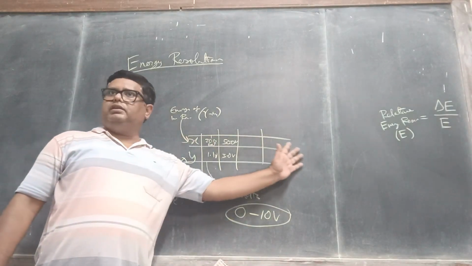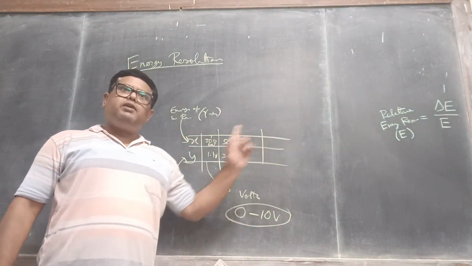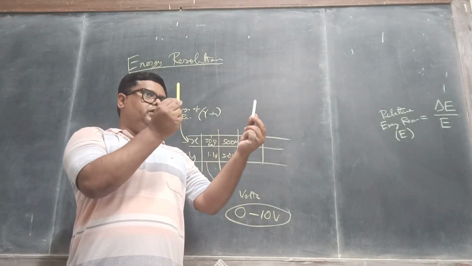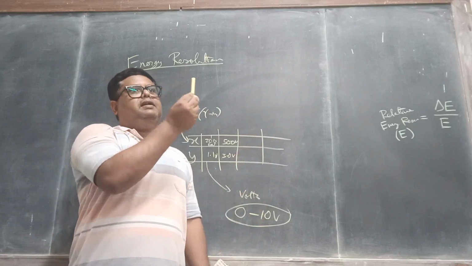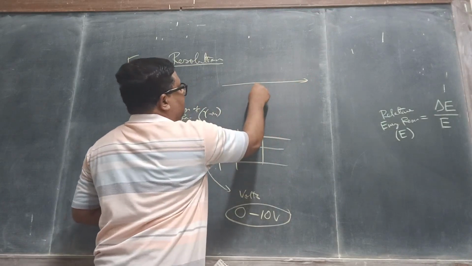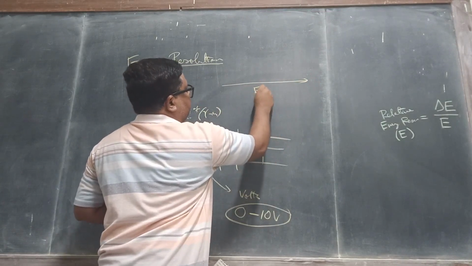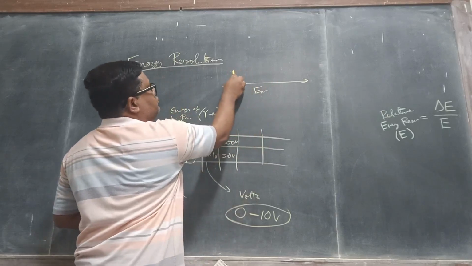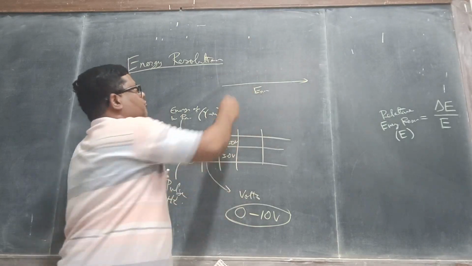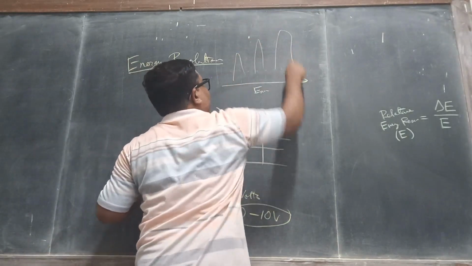We can keep on doing this the whole day. Basically what I am doing is selecting different gamma ray energies. If this is my axis, say energy, I am choosing different energies and checking the pulse heights for each of them.